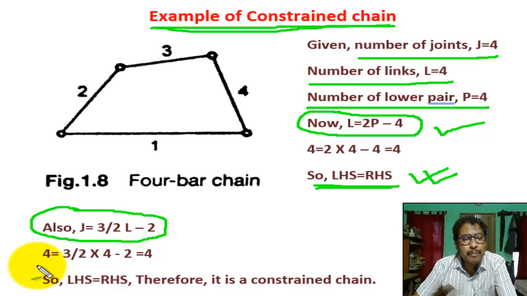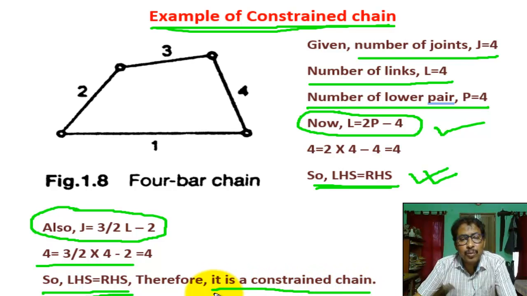J equal to 4 on the left side; right side 3 by 2, L equal to 4, minus 2 equal to 4. So LHS equals RHS. Therefore, it is a constant chain. There we provide the constant or desired motion. It is a mechanism. In a 4-bar chain, there is a mechanism.